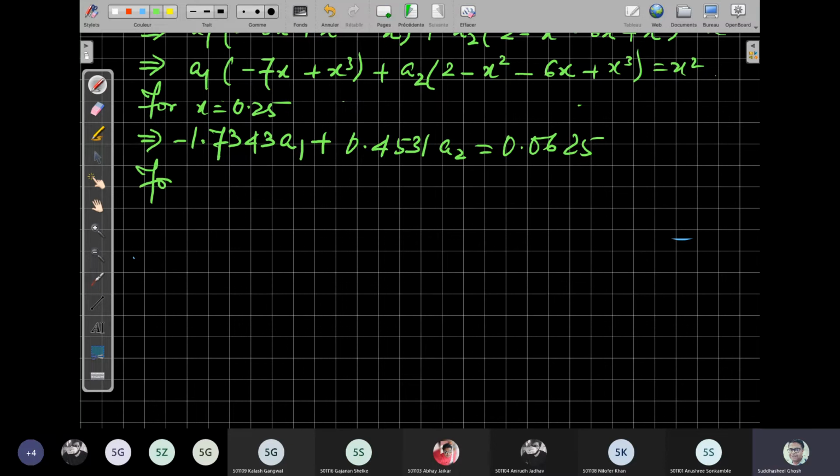Okay, now for x equal to 0.5, what does it imply?